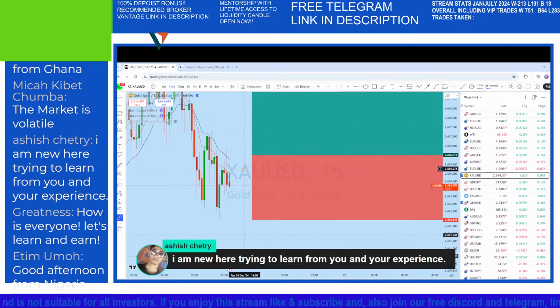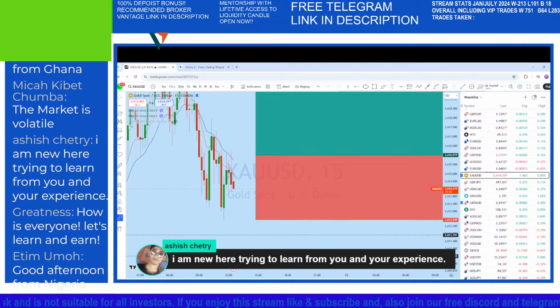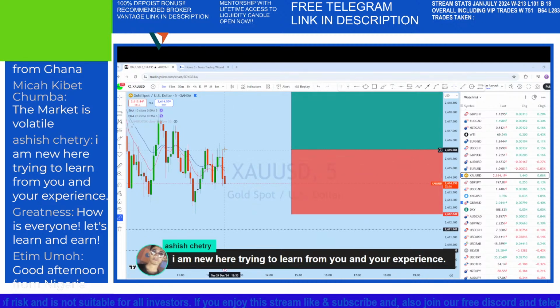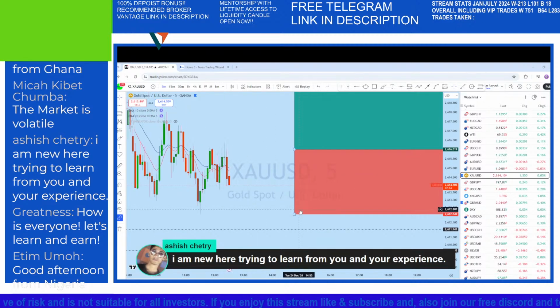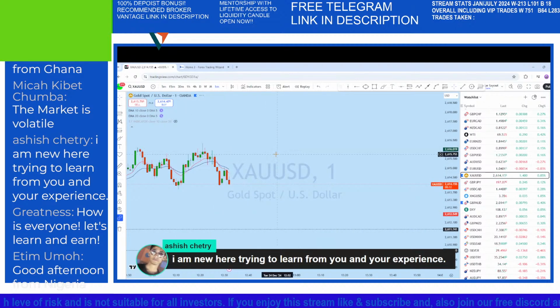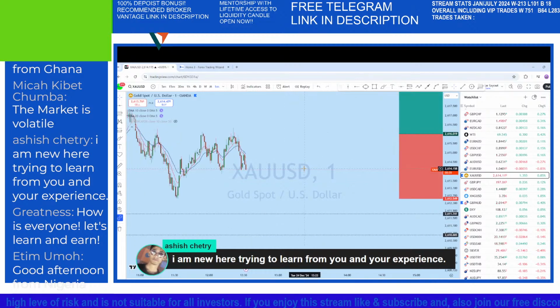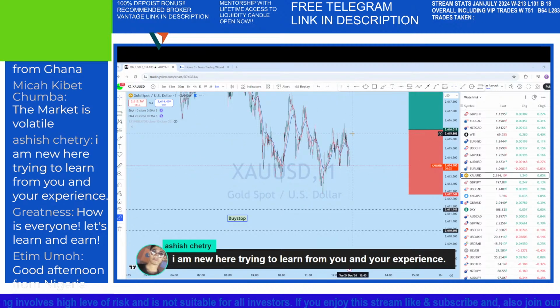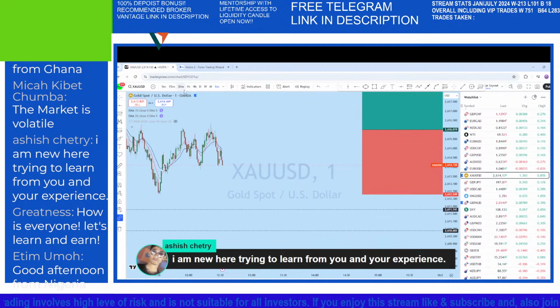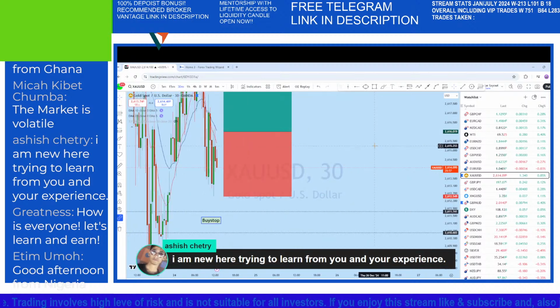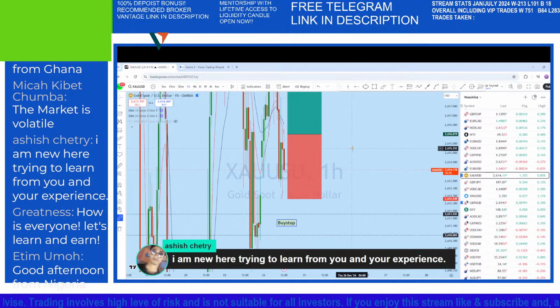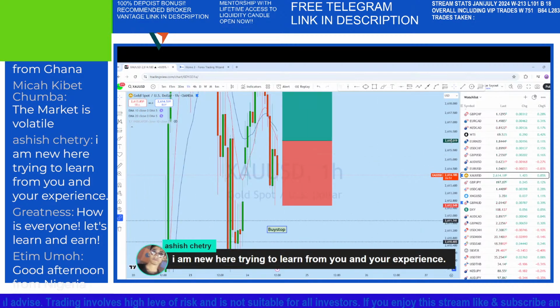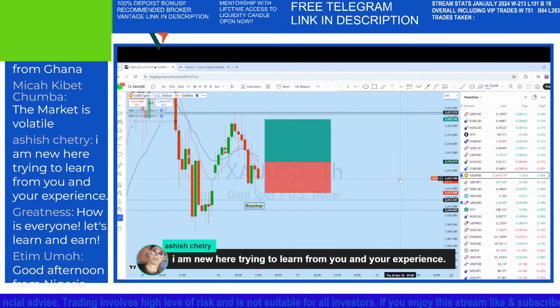So with that gap open in this area here, still looking for the 1 hour, see the downside bias.